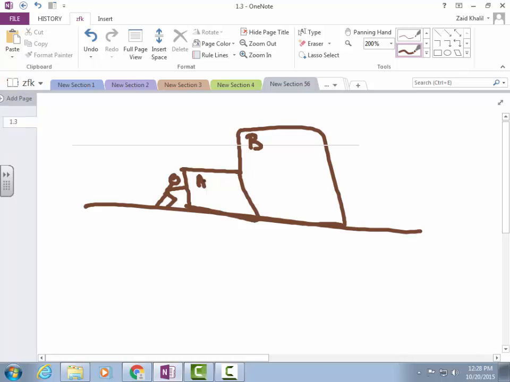In other words, this surface has friction. And I apply a force F onto A. And the question is, what can we say about the contact force on B?